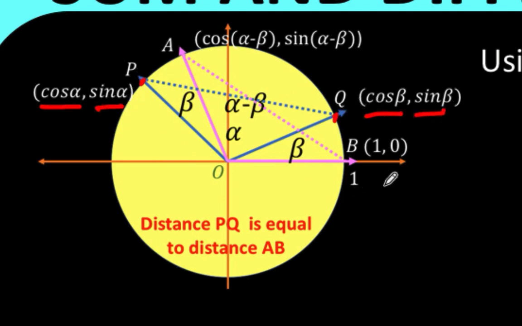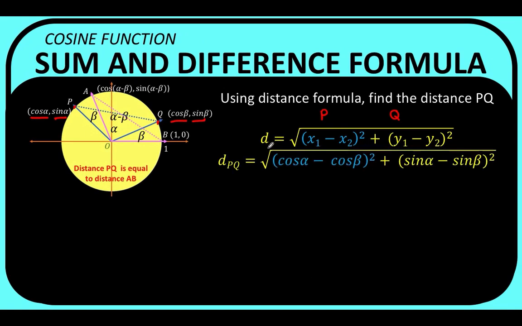So using those values to substitute in our formula, we arrive at this. The distance PQ is equal to the square root of (cosine alpha minus cosine beta) squared plus (sine alpha minus sine beta) squared.